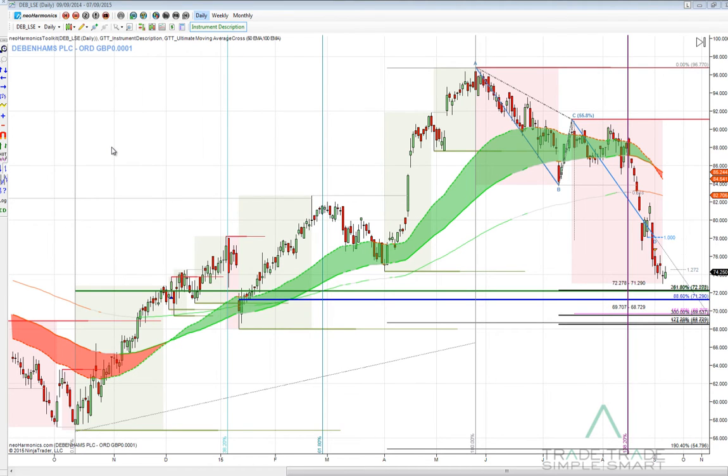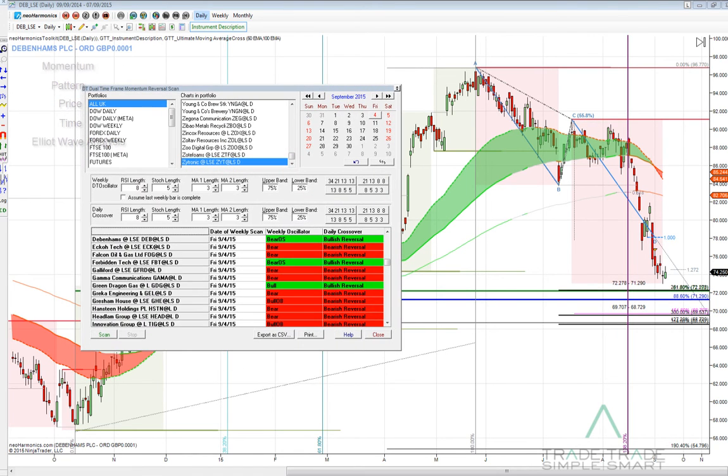As usual, we're going to place our 5 factors onto the market, being momentum, pattern, price and time. In terms of the market structure, we're going to be looking at some Elliott wave count. In terms of momentum, we have the weekly in the oversold zone, and on the daily we've seen a bullish reversal.